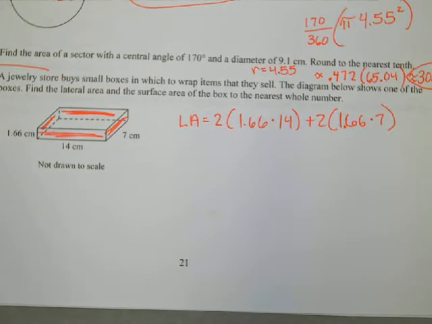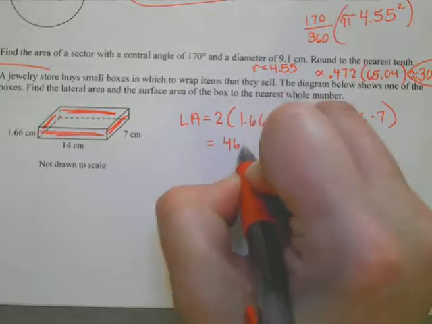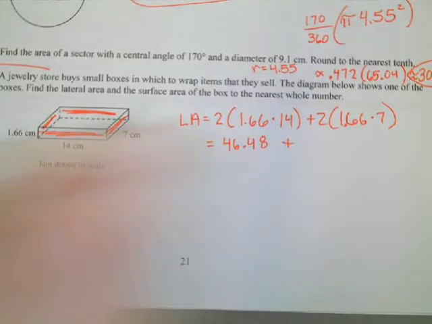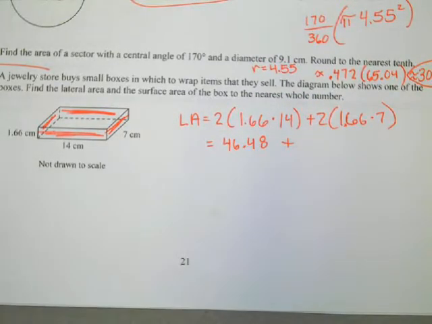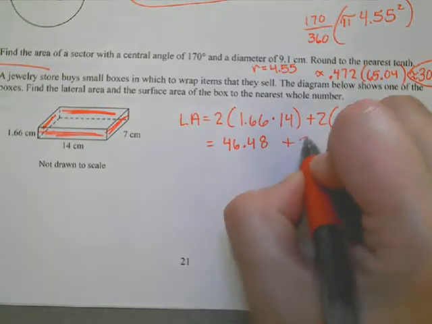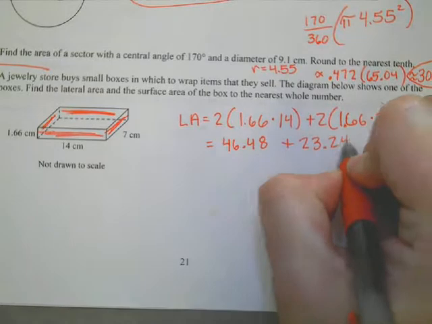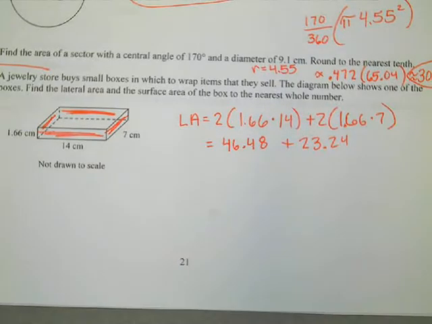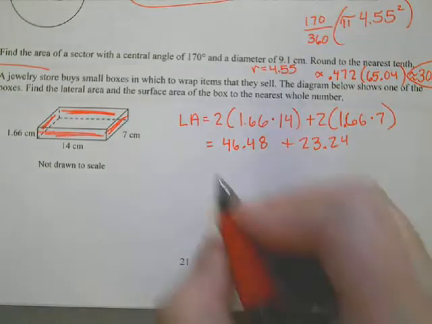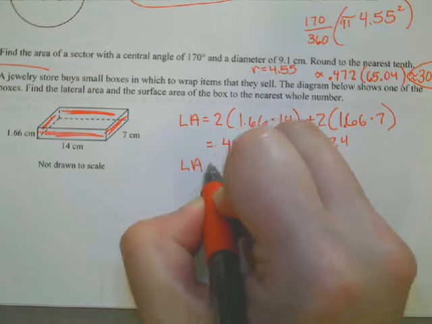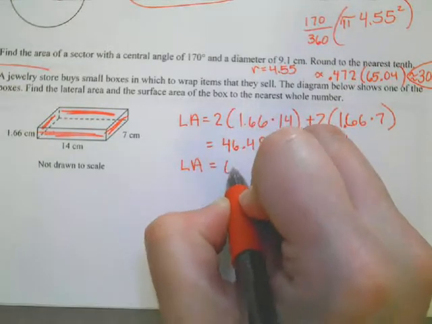Plus, then I'm looking at the left and the right. That's 1.66 by 7, which is 11.62, and there are 2 of them because there's a left and a right, so 23.24 is getting added to that 46.48. Alright, so our lateral area, which is our wraparound, just the sides, is 69.72 centimeters squared.